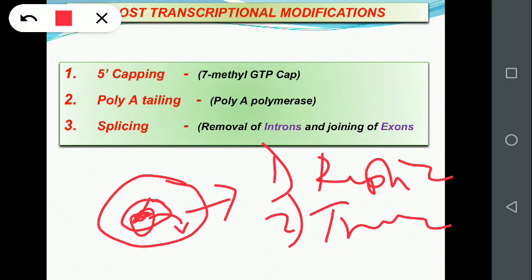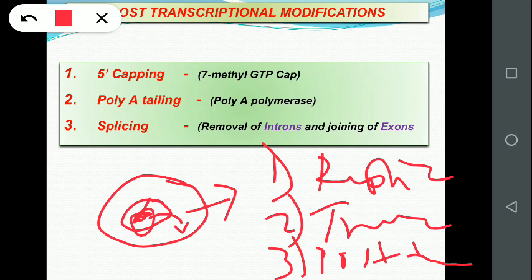So another process also takes place in the nucleus, that is post-transcriptional modification. So in the nucleus, replication, transcription and post-transcriptional modifications take place. That RNA is called the primary transcript, it is not the mRNA.